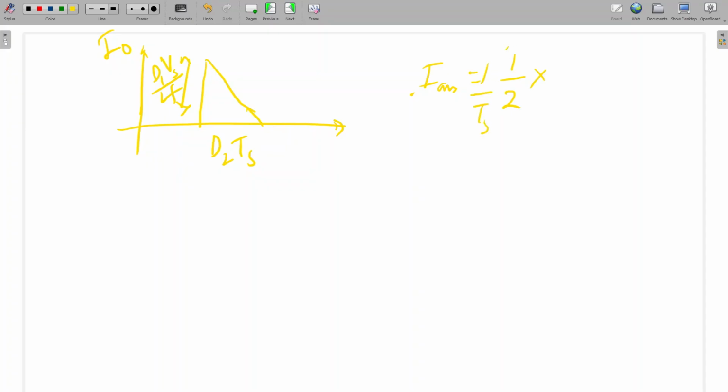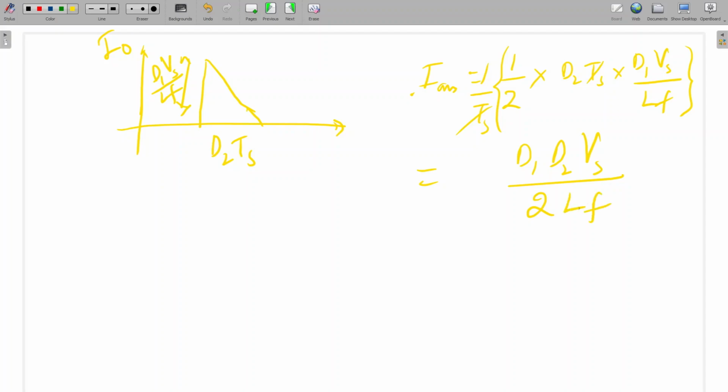The area will be 1 by 2 into D2 Ts into D1 Vs by LF. So this will be the average value of the current. Ts will cancel. So it will be D1 D2 Vs by 2LF.